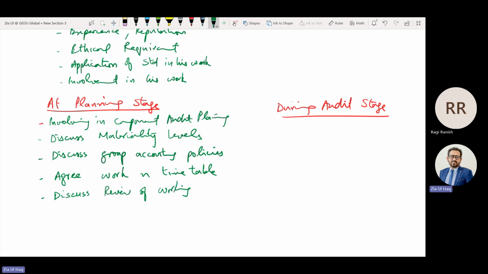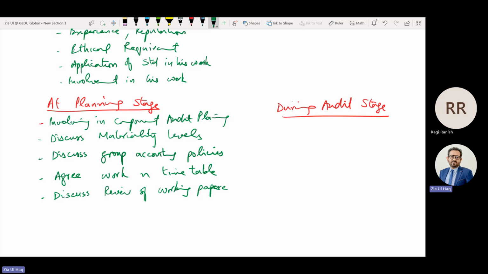Whether he will share his working paper with us, whether we'll be able to review his working paper, when we'll be able to review his working paper. So we need to discuss with him whether he will allow us or not. Because if he will not allow us, this means we'll not be able to verify his work. These are the procedures at planning stage we need to perform.